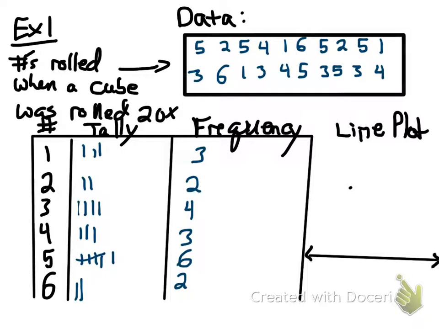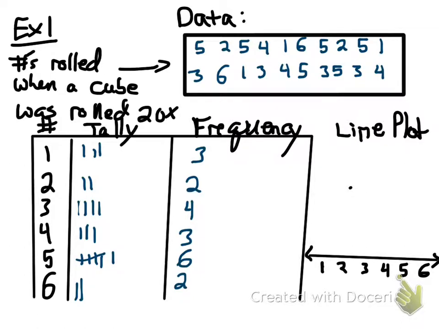I'm going to label my different numbers on it. I have 1 through 6. And a line plot is simply you make an X above the number for each time. It's kind of like a tally. You display the data with X marks above the number line.